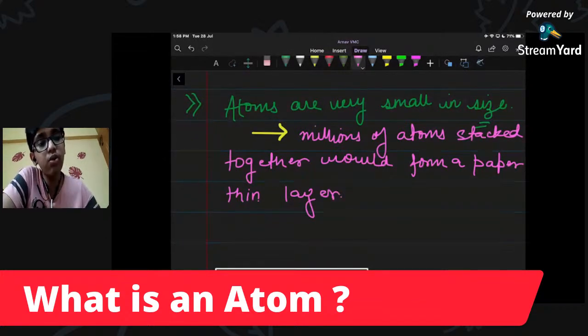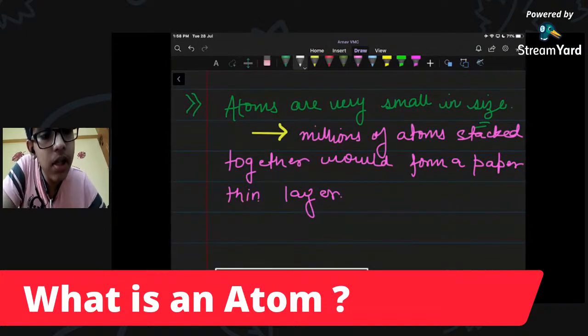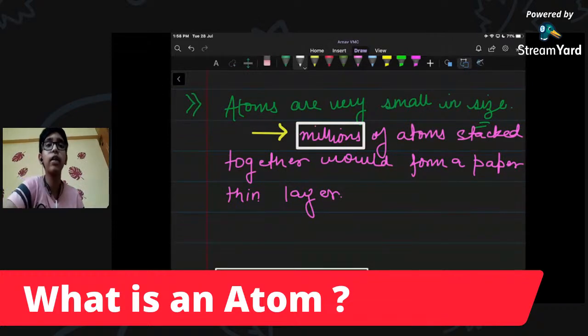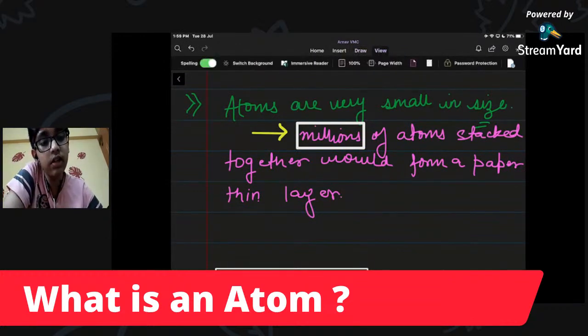So you have to remember this. Many atoms stacked together will form a paper-like layer.